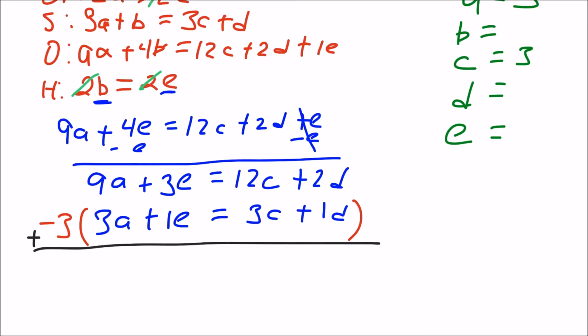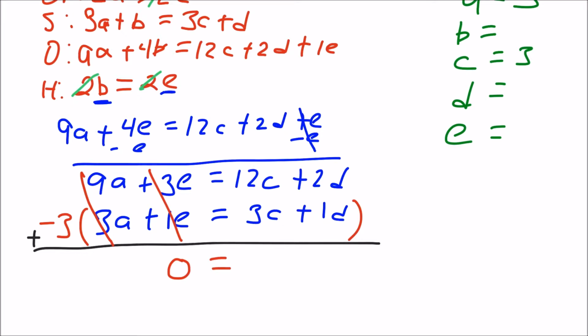When I add these equations together, that means that the -9a and the +9a will cancel out. Then I'm going to get a -3e. When I add that to this +3e, they too will cancel out. So on this side I have 0. So 0 equals, alright, let's keep going.